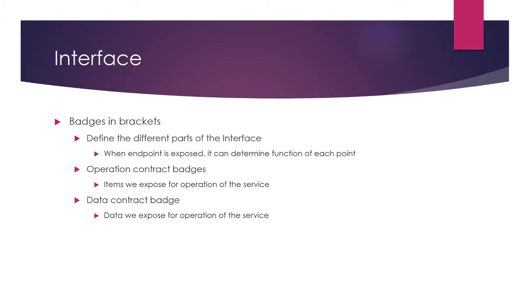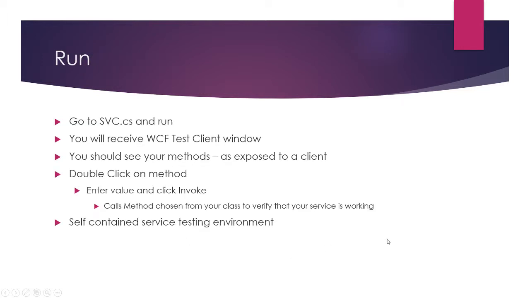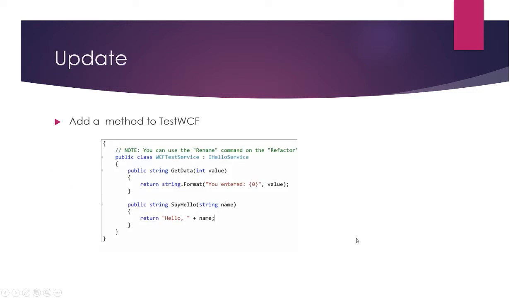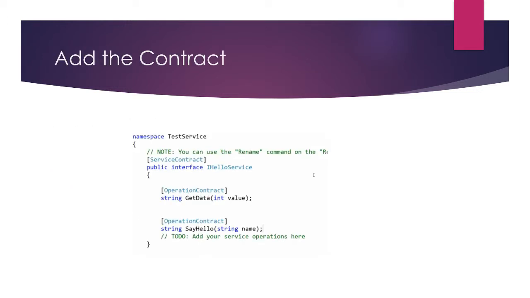We're going to have badges that define the different parts of our interface, what is operational, what is data oriented, and then we'll be able to run our test client, our little tester, and hopefully see it communicate with our service and see our results come back so that we can get this kind of feeling that we did this communication. Okay, so let's do it.